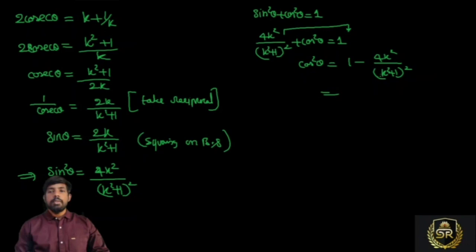So take the LCM: multiply 1 into k square plus 1 whole square, minus 4k square, by k square plus 1 whole square.